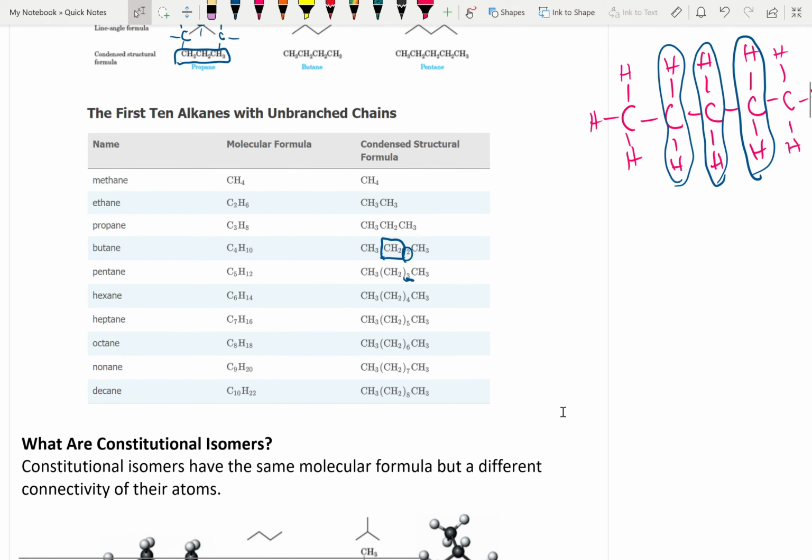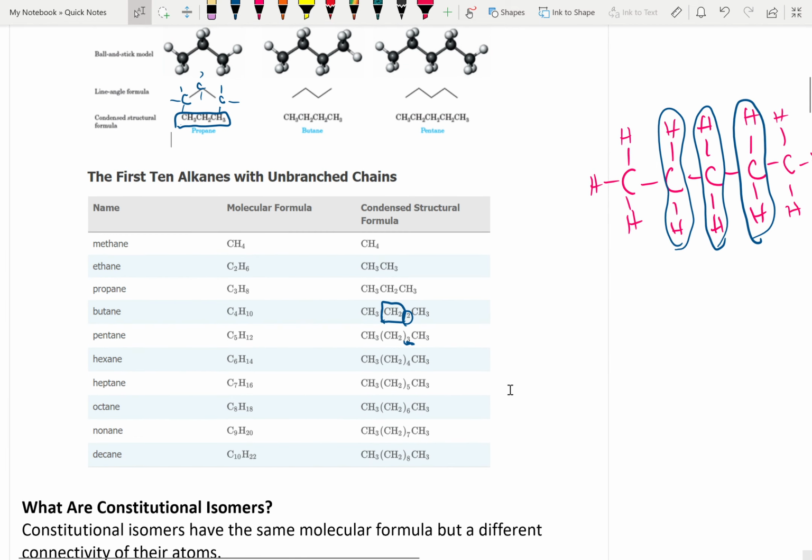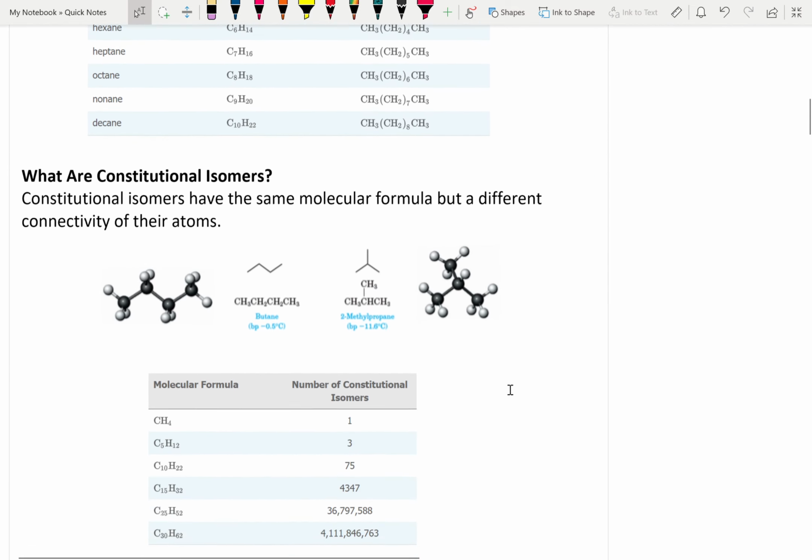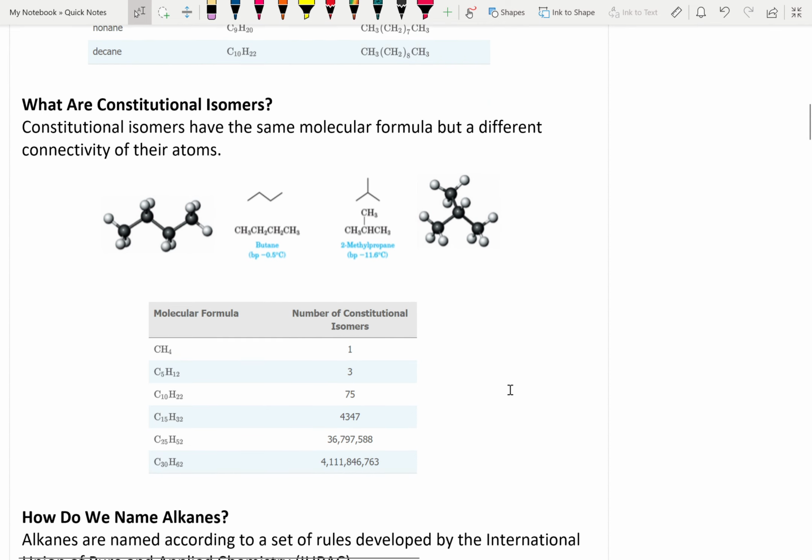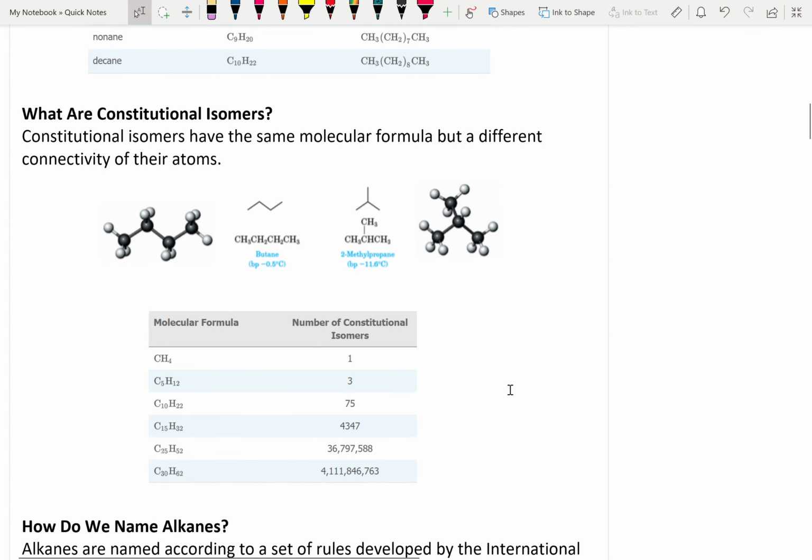So I went over here how to name them if they're a straight line. So what happens if we have constitutional isomers? Constitutional isomers have the same molecular formula, but the bonding is different. So here it's giving us an example of butane, so that's 4 carbons.